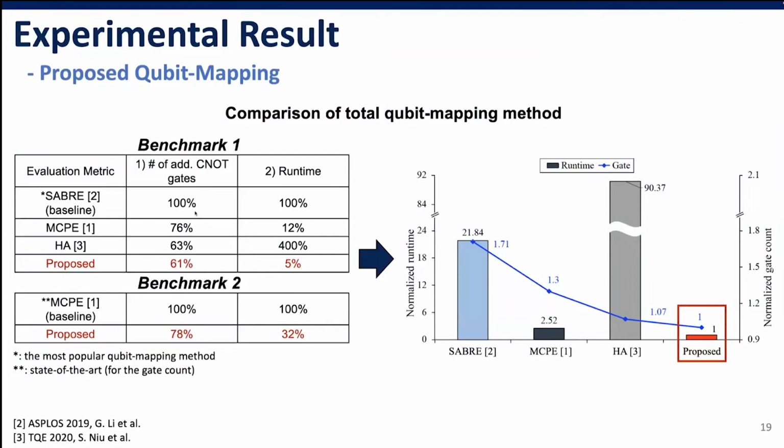For benchmark 1, our method reduced the gate overhead and runtime by 39% and 95% respectively compared to several previous methods. For benchmark 2, we reduced the gate overhead and runtime by 22% and 68% on average compared with the state-of-the-art MCPE. Therefore, we can effectively solve the connectivity constraint with the lowest gate overhead and runtime.